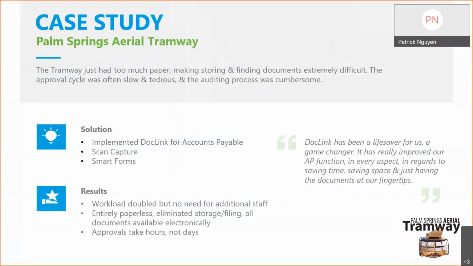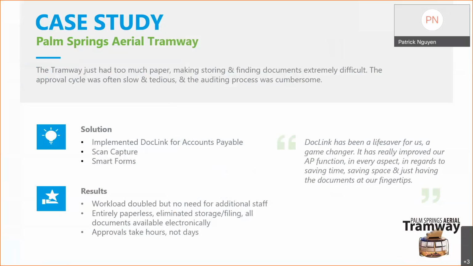It's the world's largest rotating tram car in Palm Springs. The tram was steadily growing at roughly 50% growth over the past 15 years before they implemented DocLink, and this really impacted their business in terms of growing the number of invoices.